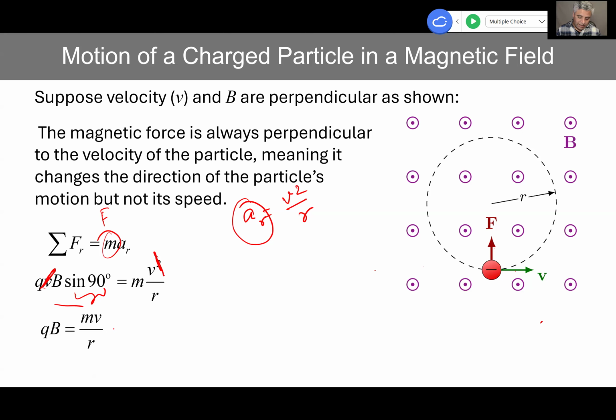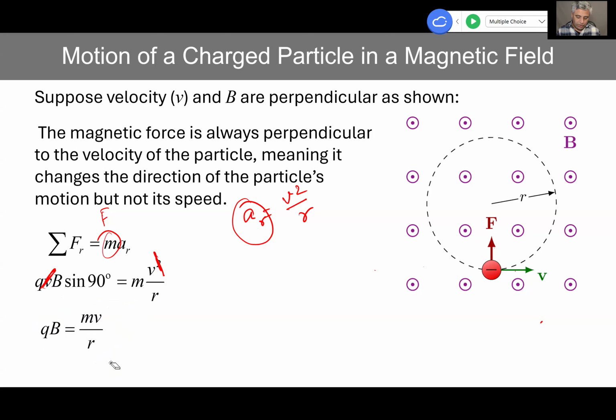So now this is the relationship between what quantities? The charge of the particle that's moving, and this is the speed of the charge, and this is the radius of the circle, this is the mass of the charge that's moving, and this is the strength of the field.